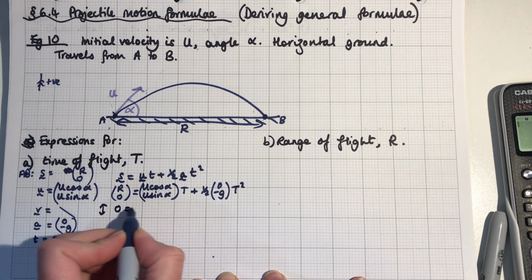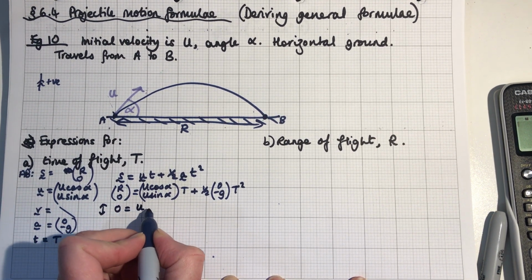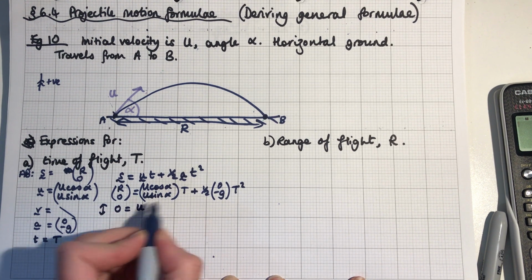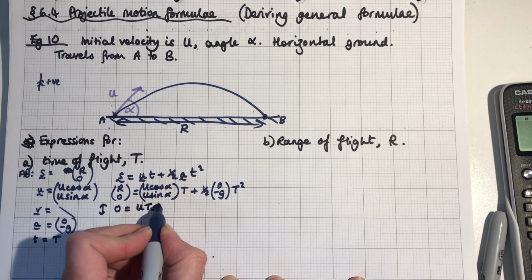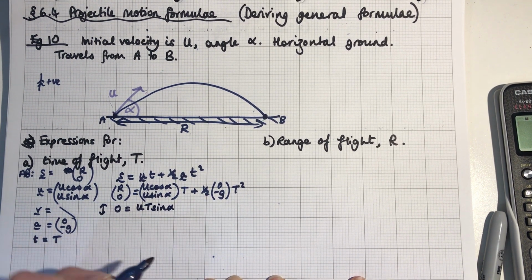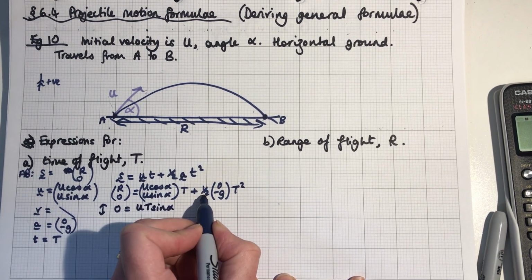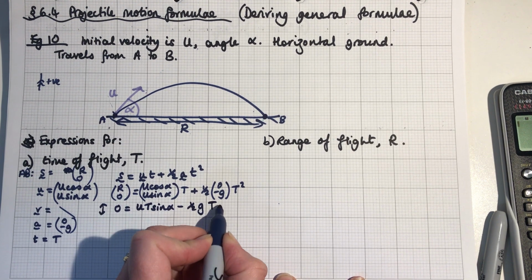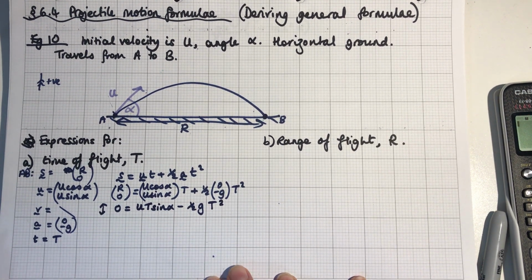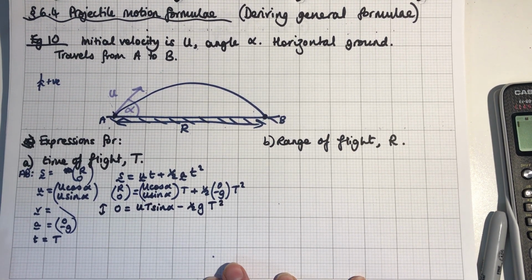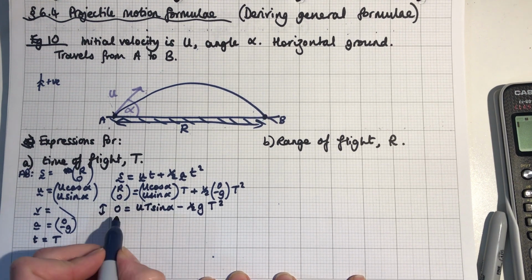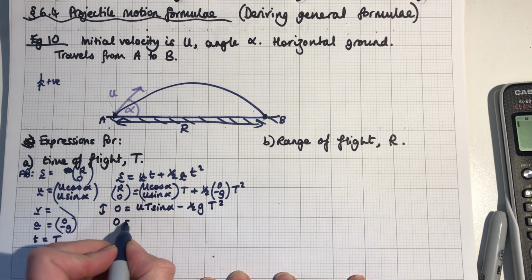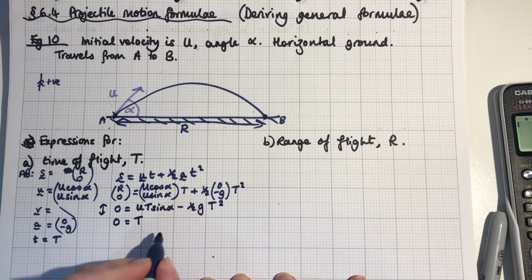So 0 equals u times sine alpha times t. So I'm going to put the t here, just so that the sine alpha goes last, because that tends to be conventional. And then minus half g t squared. Now, in order to find the time of flight here, I've got a quadratic equal to 0, so I'm going to factorise t out, because that's the one I'm trying to find.